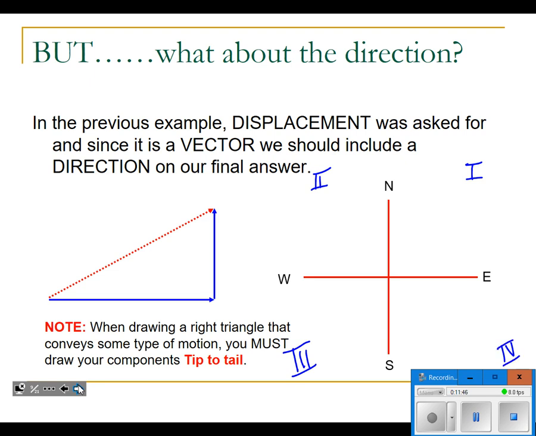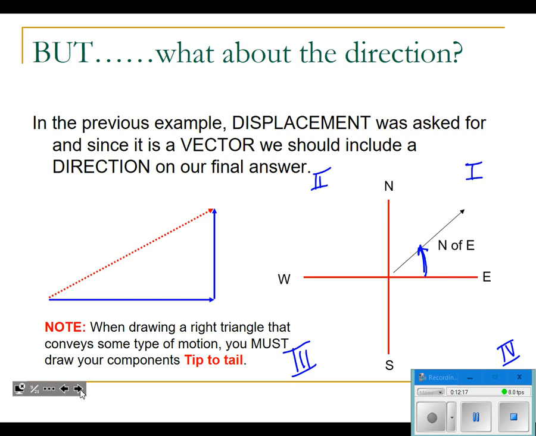Now, each one of these quadrants has 2 separate angles that we could talk about. So, if I have this line, very similar to my example problem here, in quadrant 1, I can label it 2 different ways. If I talk about the angle that comes up from the east, just like that, then I'm going to name that north of east, and I recommend you write this on your paper, okay?